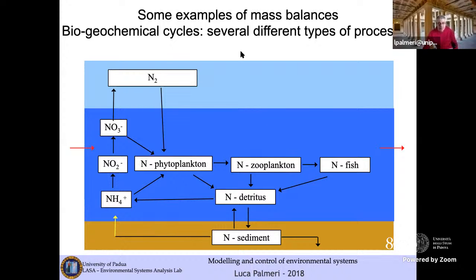Biogeochemical cycles involve several different types of processes, like assimilation or build-up of organic matter, excretion, changing of the speed of a reaction depending on temperature. So you may have several types of chemical reactions or chemical processes, which we may now call physical-chemical processes, that may be employed to describe the biogeochemical cycles.